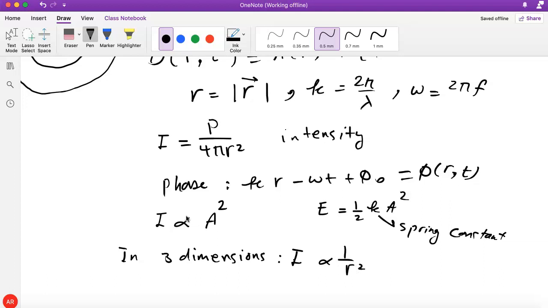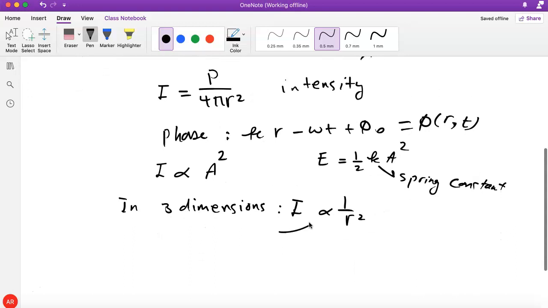If you haven't seen this notation, it's kind of an elongated or stretched alpha. It means proportional to. It's a very useful notation if you don't want to worry about all the constants.